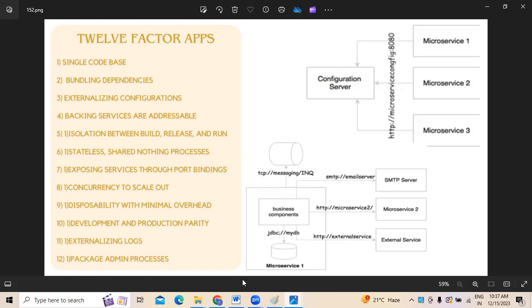Now, the third one is about externalizing configurations.